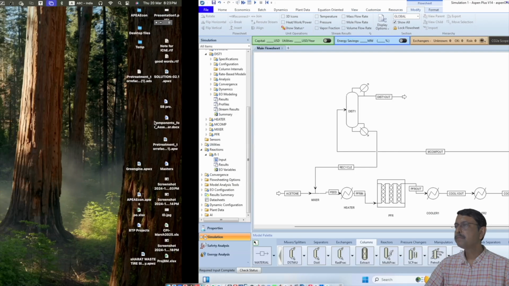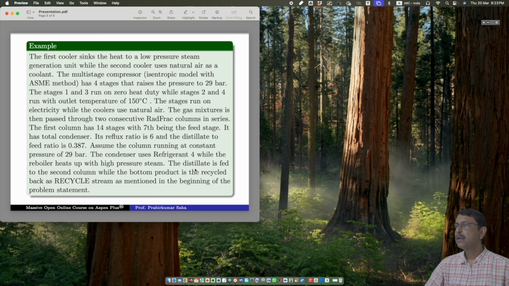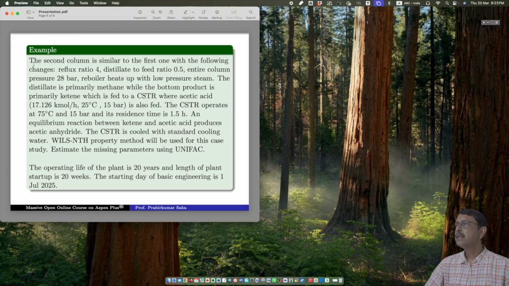Now the second column is similar to the first one with the following changes. So what we will do, we will copy the first column and the second column will be generated, and we will change those data, all remaining the same.